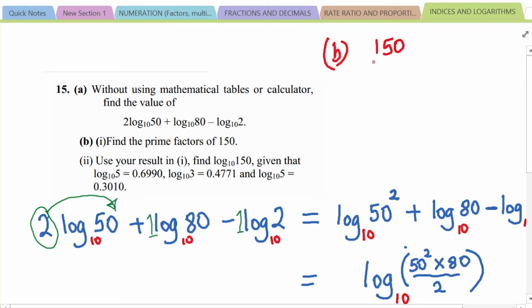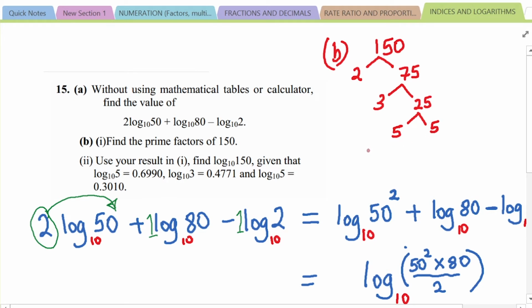I'll begin by dividing that by 2. What do you end up with? 75. Divide that by 3. What do you end up with? 25. Divide that by 5. I'll end up with 5.